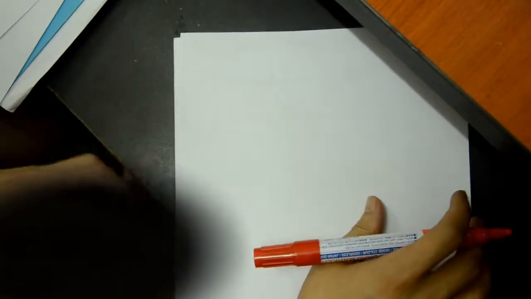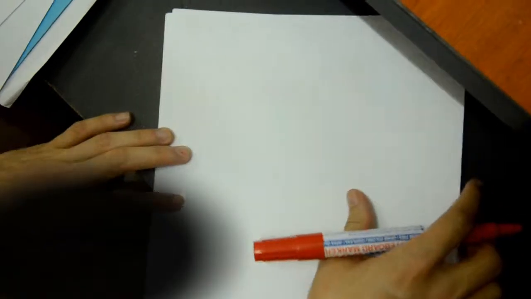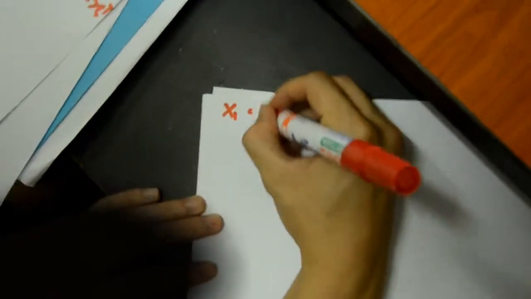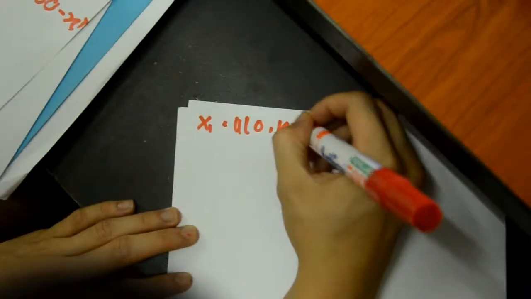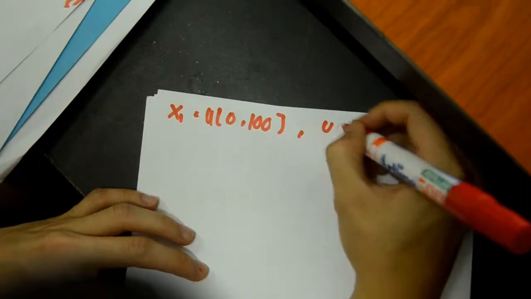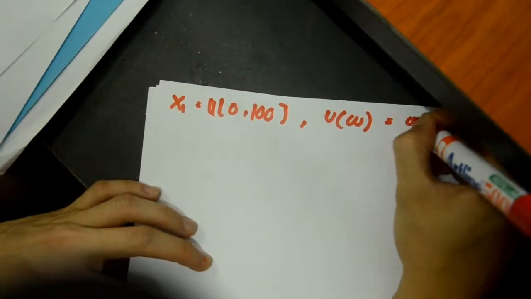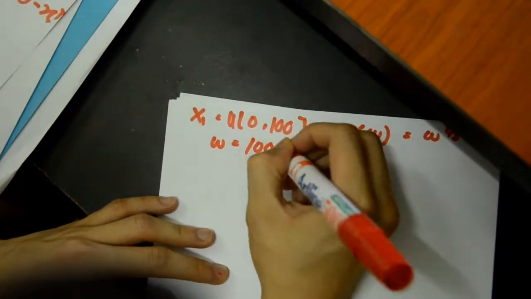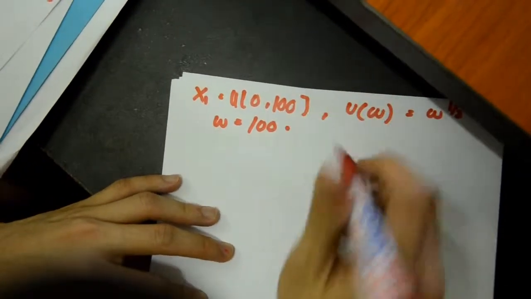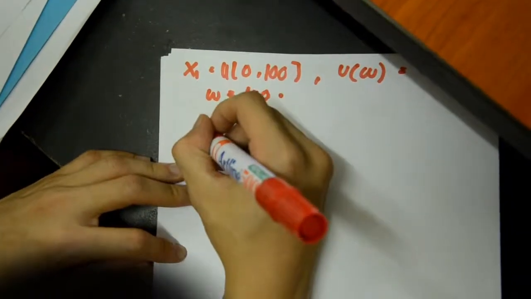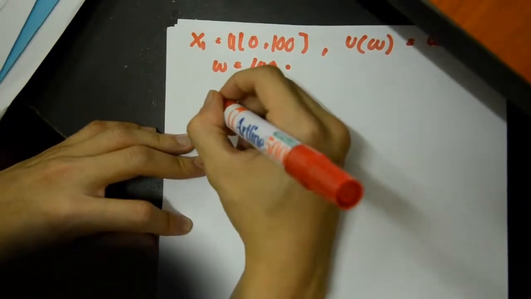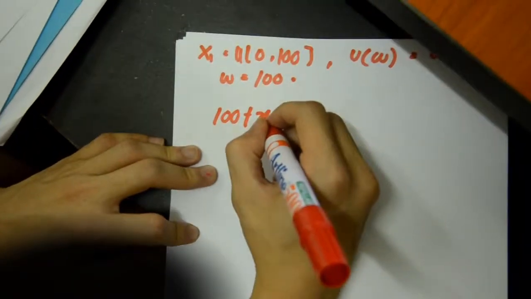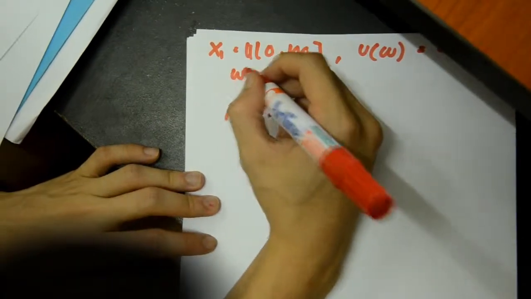You are asked to find the maximum expected utility for the two options. So option 1 is uniformly distributed between 0 to 100, and you are given the utility function U(w) equals w to the power of 1/2, and you have a wealth of 100. You first have to add the 100 with the x, as x will increase the wealth of the decision maker.